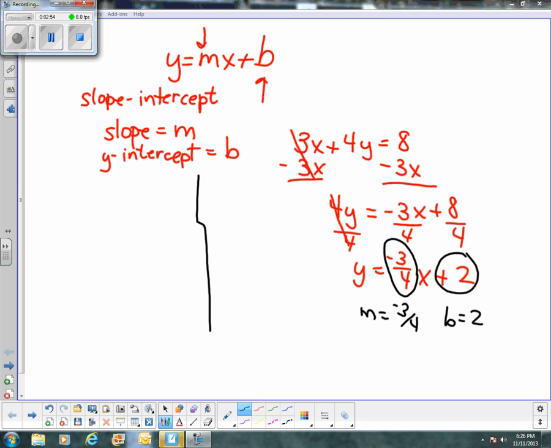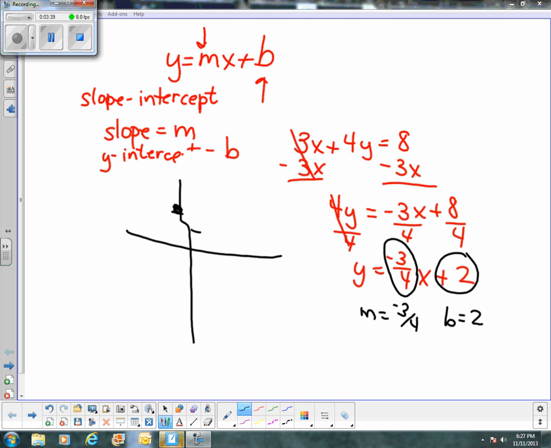So we have our grid. The first point that we're going to plot, we start at the origin, and since our y-intercept is 2, 1, 2, we'll plot the point right there. Then from that point we can follow the slope, negative 3/4.